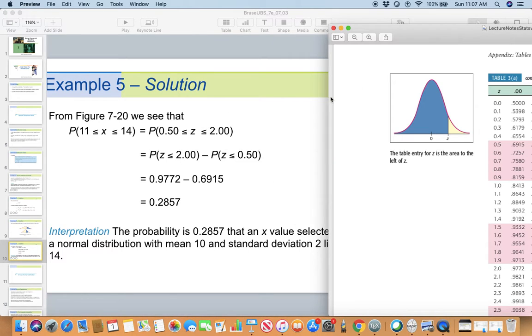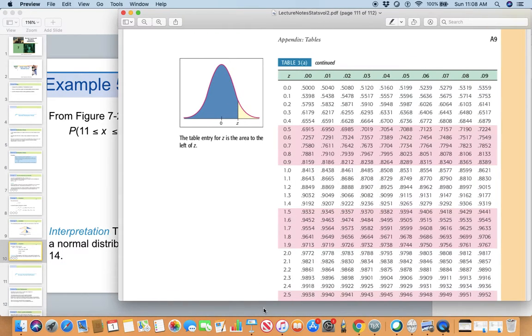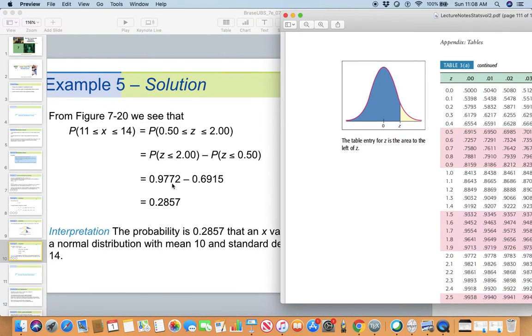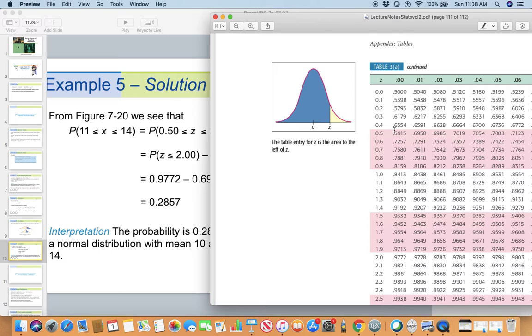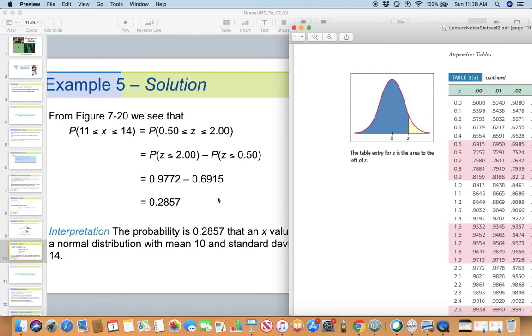When z is 2.0, the area is 0.9772. And when z is 0.50, it is 0.6915. When you subtract the two, you get this.